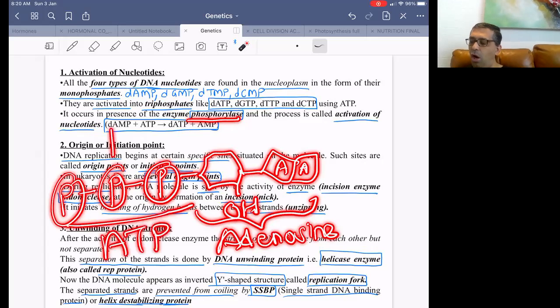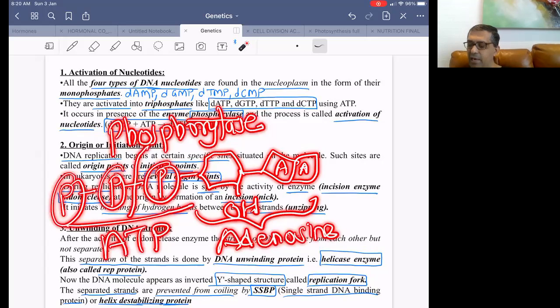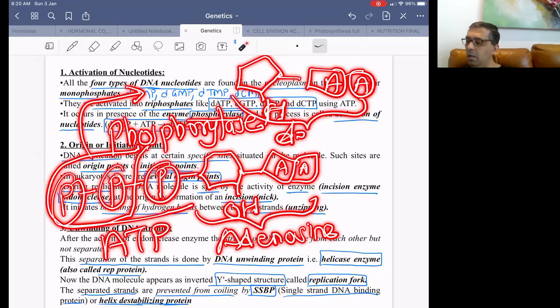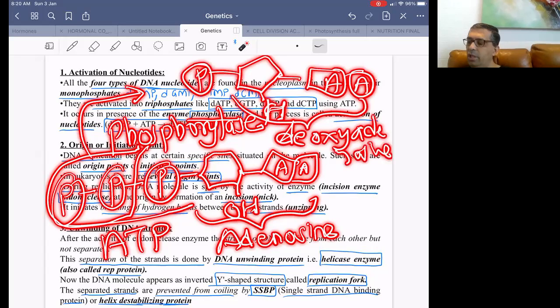Now, an enzyme called phosphorylase will act on adenosine triphosphate, remove the two phosphates, and give the two phosphates to deoxyadenosine. At the second carbon we have H, so this is deoxyadenosine, and if you remember, this is the monophosphate which was found in the nucleus: deoxyadenosine monophosphate.